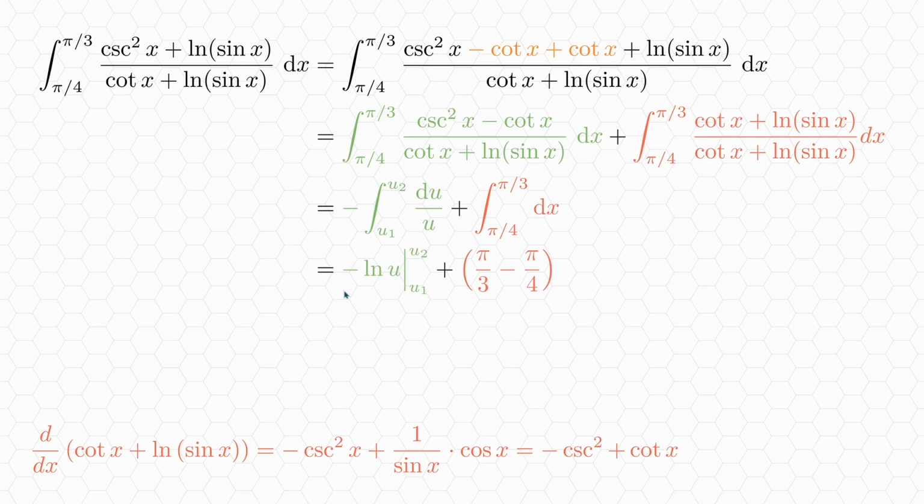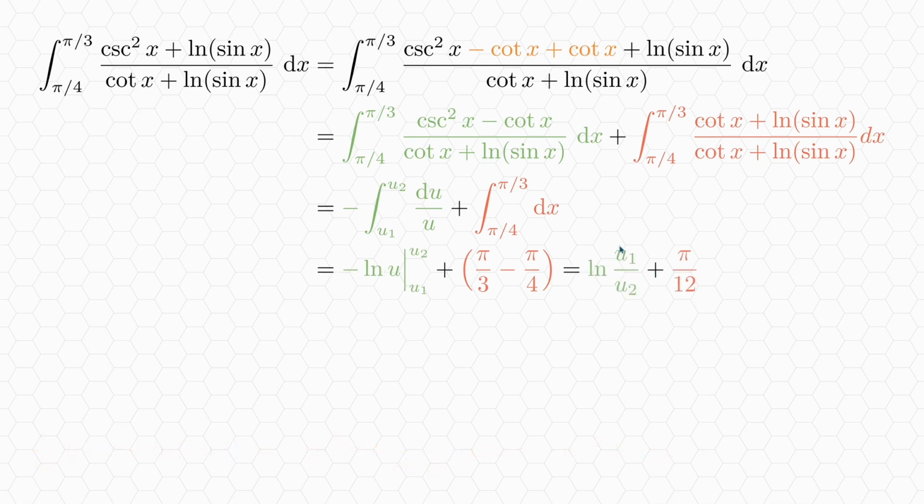Then if we apply the properties of logarithms, we have u2, then u1 here, and the negative sign outside, and it becomes ln of u sub 1 over u sub 2. I hope that's clear.